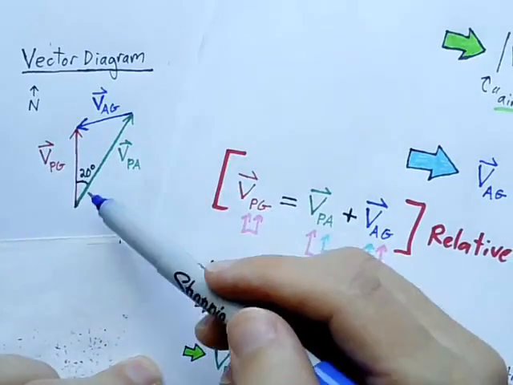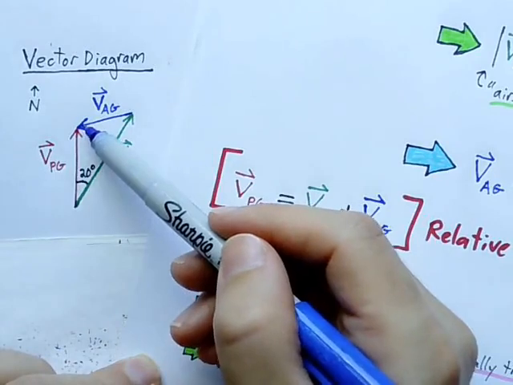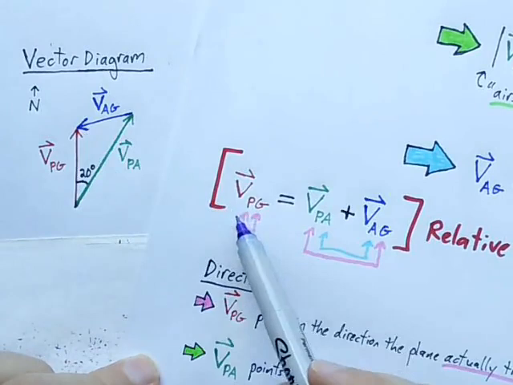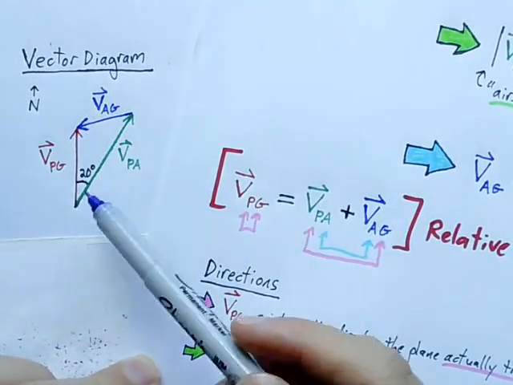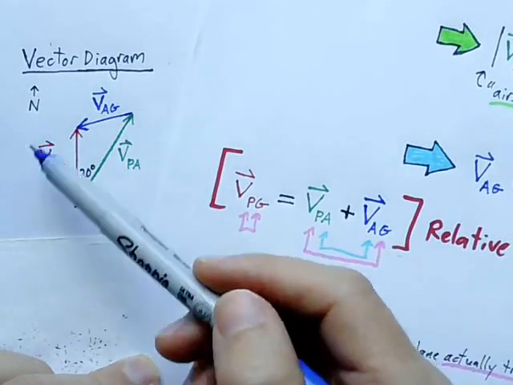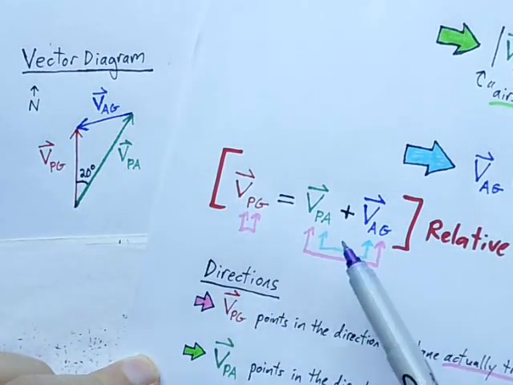So in this chain of vectors, VPA plus VAG, the sum points from the beginning of that chain to the end of that chain. So VPG, that's the sum of these two vectors. So we've got this vector diagram representing visually this equation for our relative velocities.